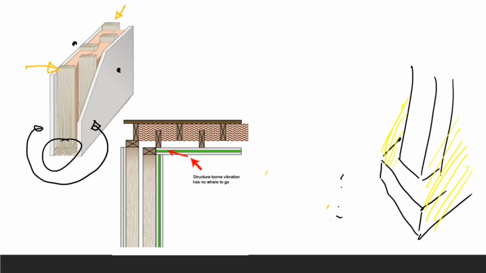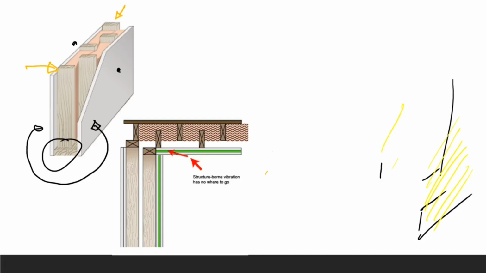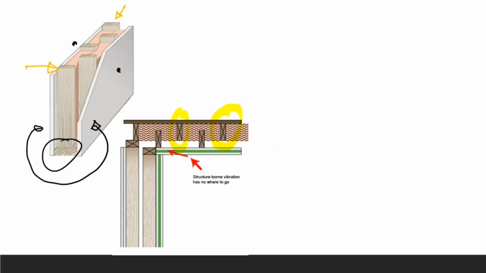If you take a look at the actual drawing, you can see there's the same situation again where you've got the studs and they don't connect to each other. Then you've got this, in the green here, a system called resilient bar.